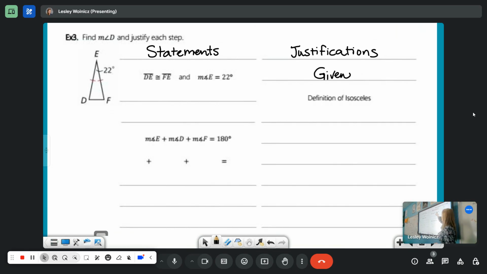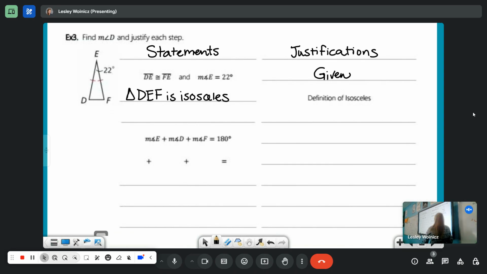Okay, we know that. Doesn't that help us classify this triangle? Yeah, we can just say that that's its classification. Triangle DEF. Okay. All right, now what?